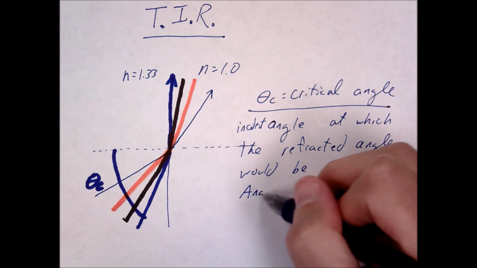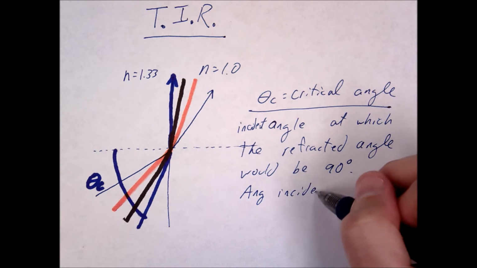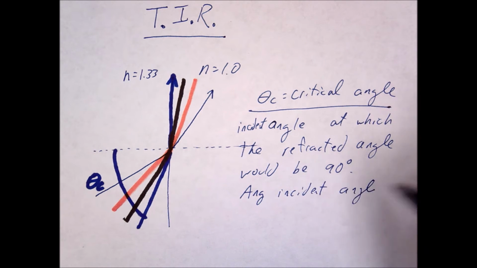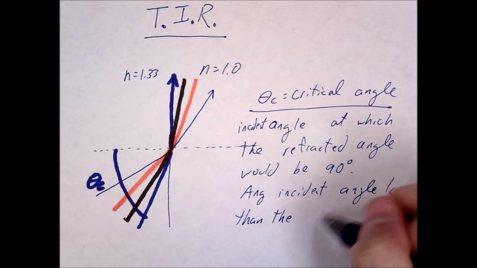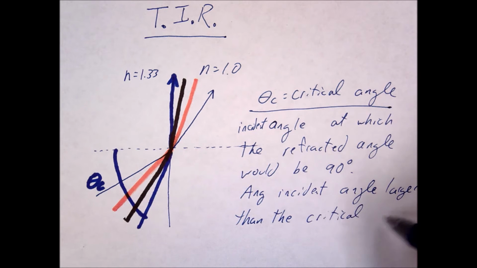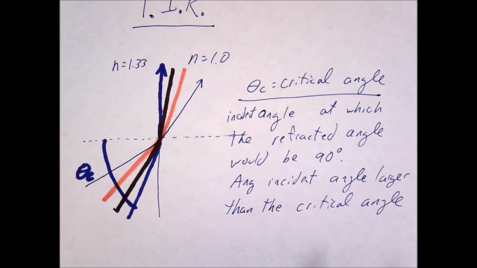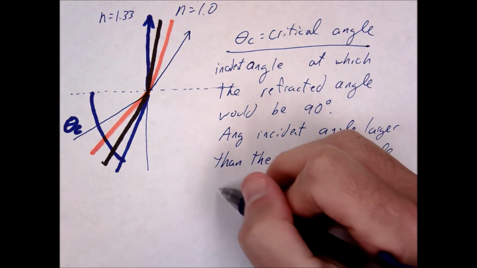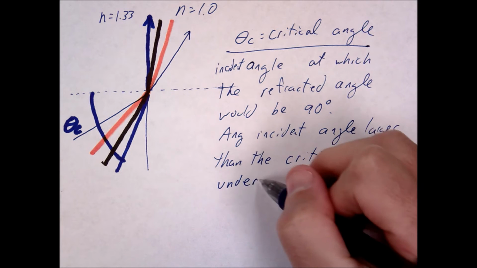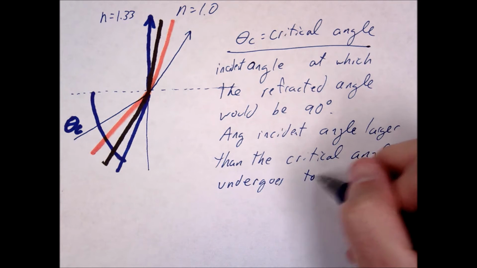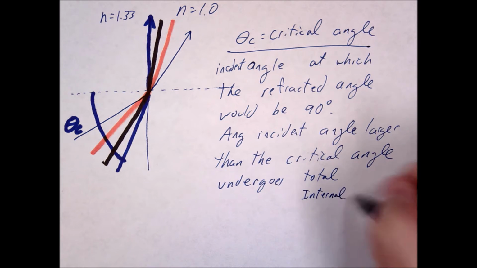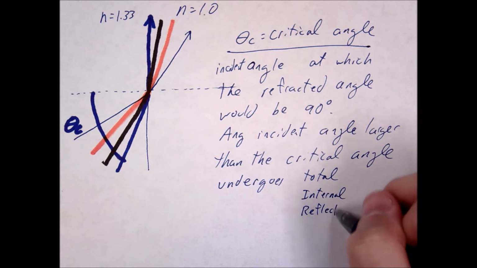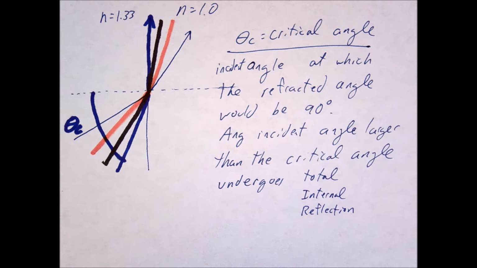So any incident angle beyond the critical undergoes what we call total internal reflection, or TIR.